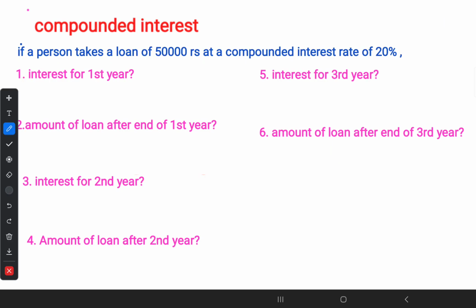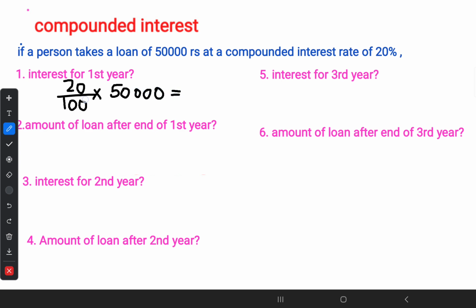Now, if a person takes a loan of 50,000 rupees at a compounded interest rate of 20%, what is the interest for the first year? What you have to do is 20 over 100 times 50,000 rupees. So we will find that.